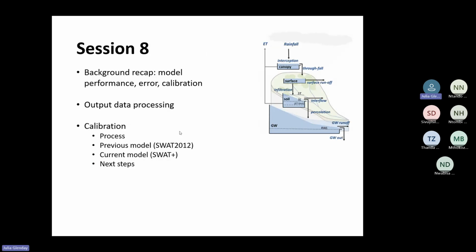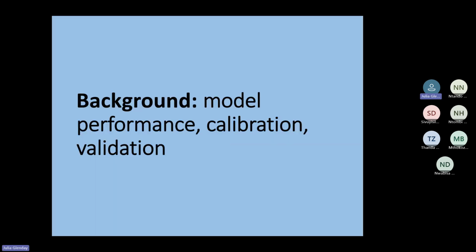So I've got quite a lot of slides here. I'll go through them fairly quickly, but you'll have a copy in case it's something you ever need to look back at.